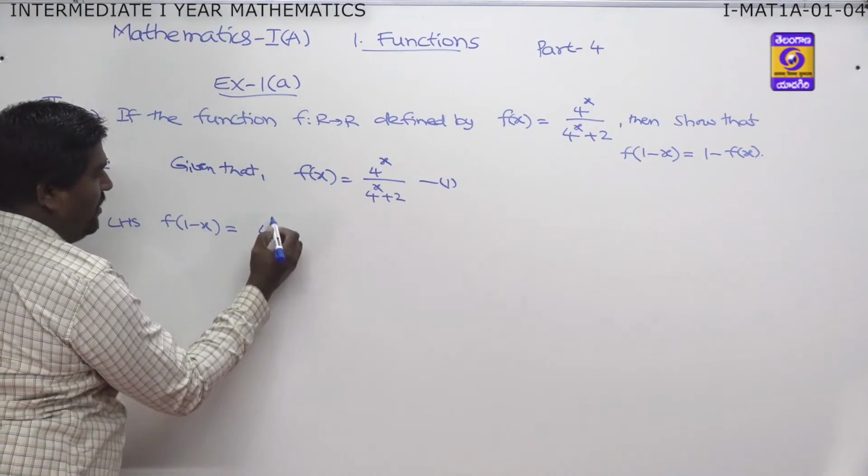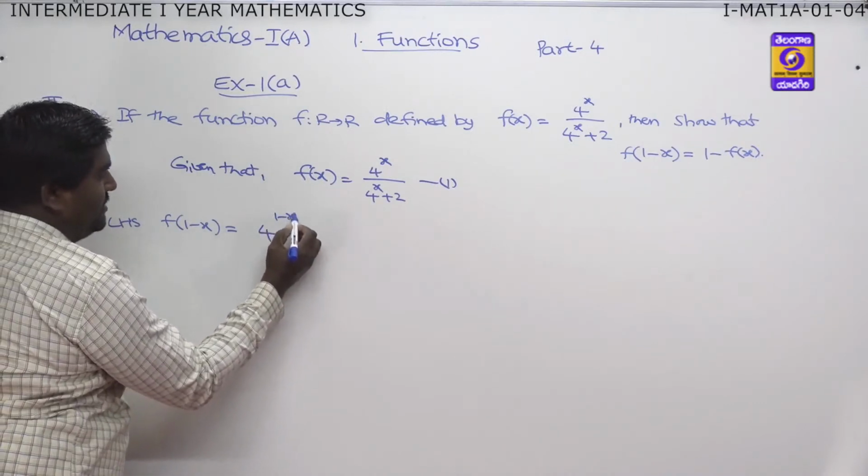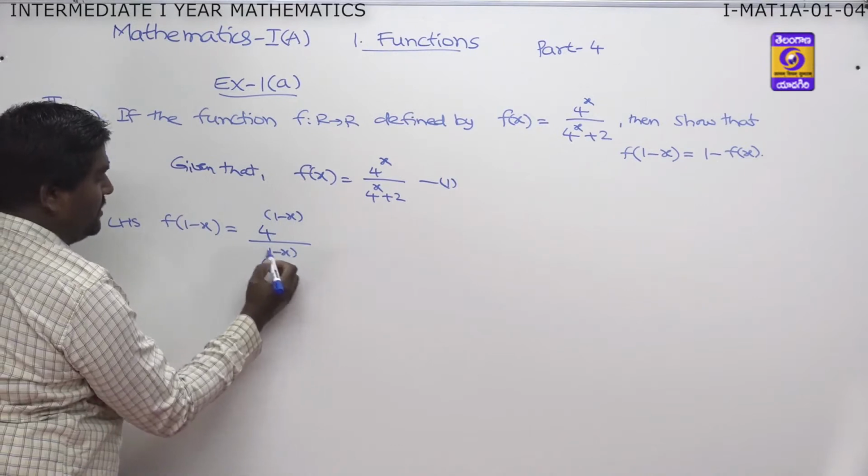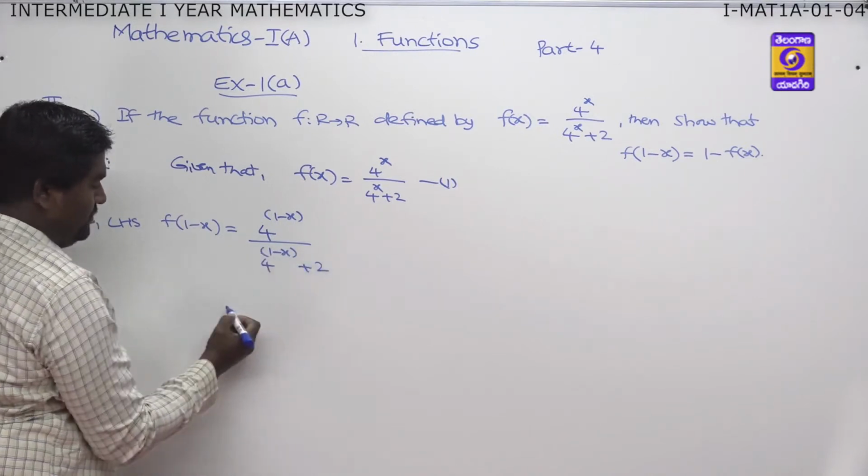It is 4 power 1 minus x by 4 power 1 minus x plus 2.